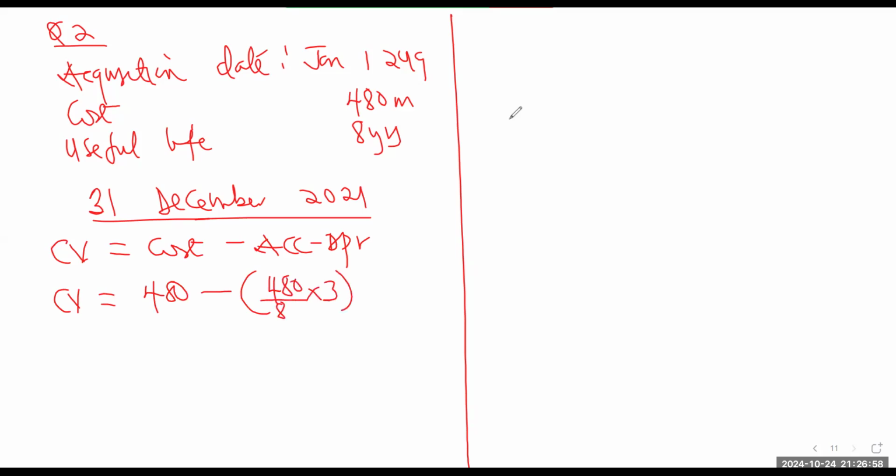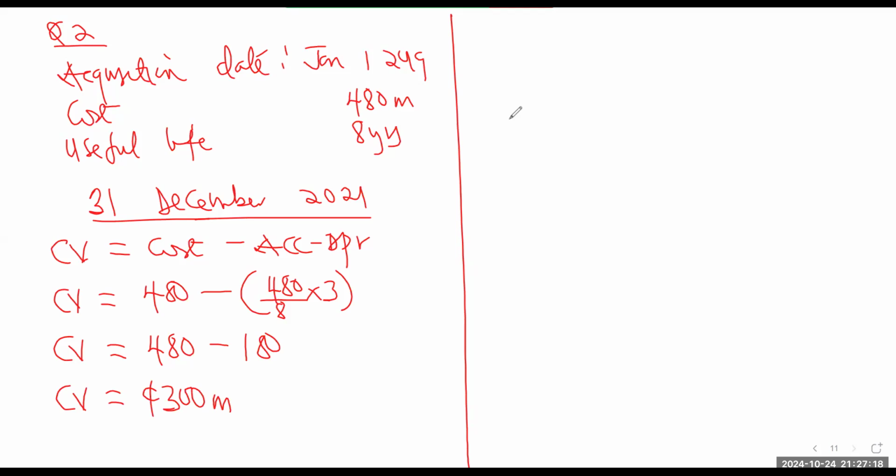So 480 minus 180, how much are we going to be having? 300. And they are saying that the impairment loss on this date is 40.